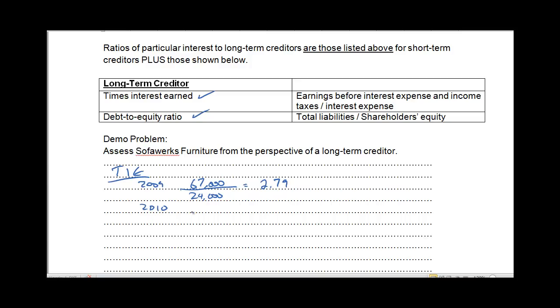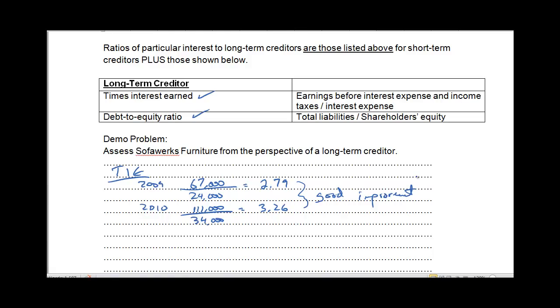And in 2010 we get a big jump in net income, or income from operations rather, which should translate into a reasonably sized increase, 3.26 in the times interest earned. So we can say that this is a good improvement, right? What's normal for this industry?